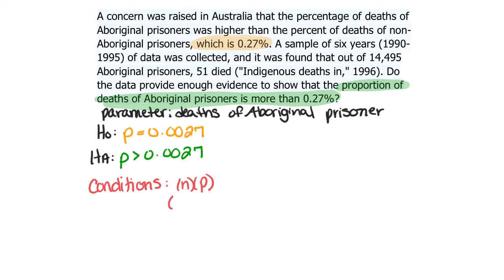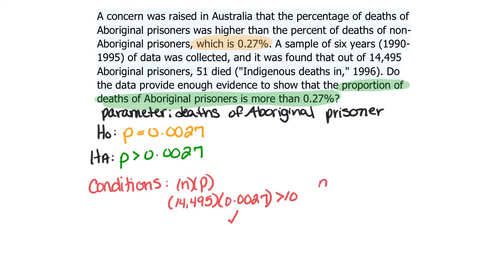And so in this case, I had a sample size of 14,495 and a population proportion of 0.0027. And I want that to be greater than 10. And if I number crunch it, I do get a value quite more actually than 10. So that's one condition that checks out.